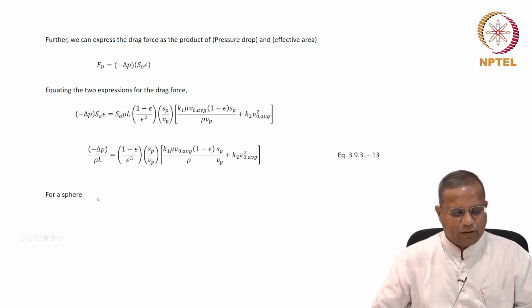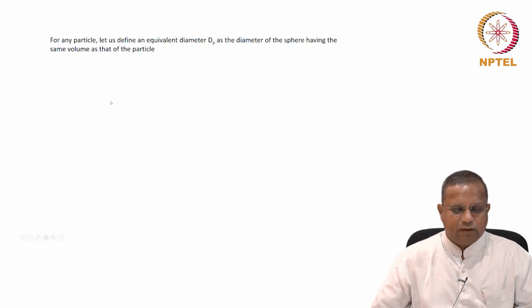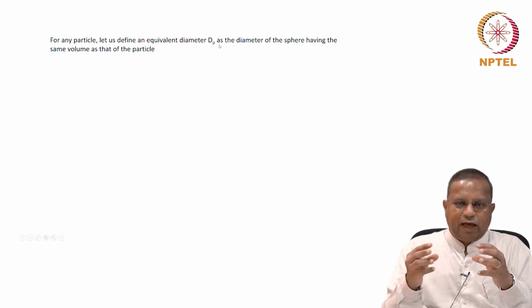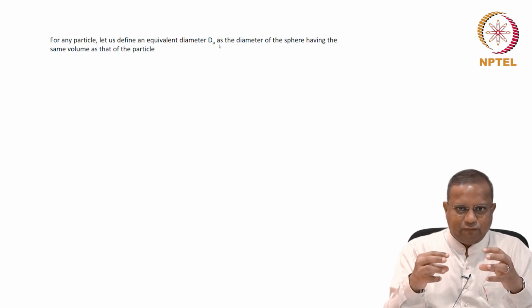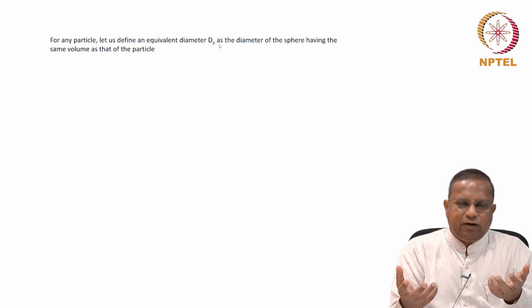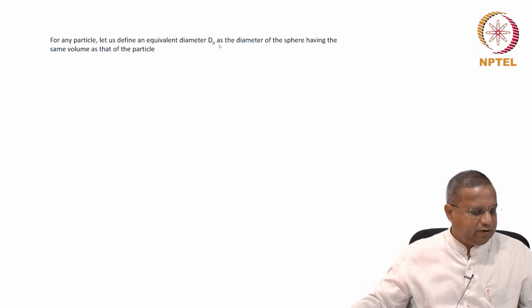Equation 3.9.3-13. For a sphere, SP by Vp is nothing but the surface area divided by the volume, pi dp squared by pi by 6 dp cubed, where dp is the particle diameter, which will turn out to be 6 by dp. And so for any particle, if we define an equivalent diameter, so there is no guarantee that the particles are all spheres. So let us define an equivalent diameter on the same lines as that of the equivalent radius.